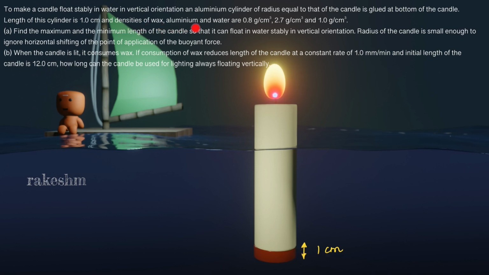Densities of wax, aluminium and water are 0.8 gram per centimeter cube, 2.7 gram per centimeter cube and 1 gram per centimeter cube. So the density of this aluminium cylinder is 2.7, the wax is 0.8 and water is 1 gram per centimeter cube.